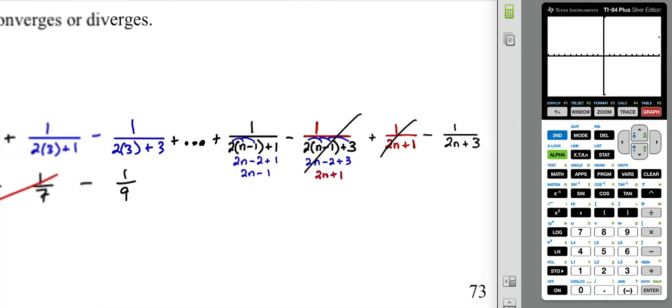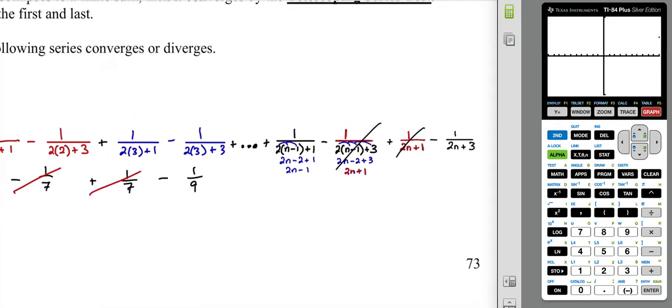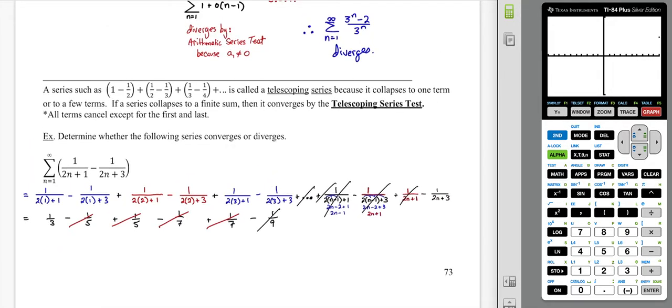It's logical to assume that the progression, if it's happening to consecutive terms in the beginning of the sequence and consecutive terms towards the end of the sequence, is going to happen to consecutive terms along the way, leaving us with just the first and the last term.